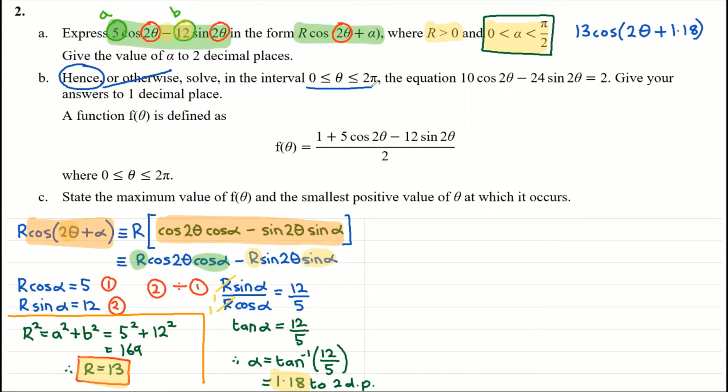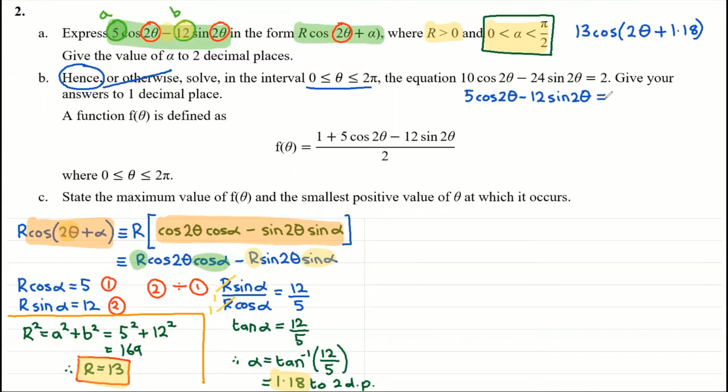Right. Now, notice this equation is very, very similar to the 5 cos 2 theta, subtract the 12 sine 2 theta. So this is why it's a hence question. It's very similar, isn't it? All right. And that's going to be equal to 2.